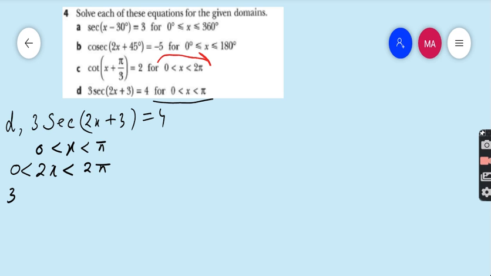0 plus 3 is 3. 2x plus 3 is 2x plus 3. And 2 pi plus 3 is 9.28.